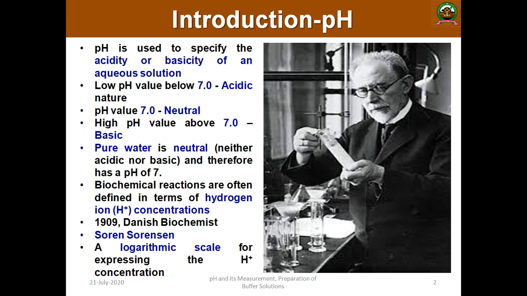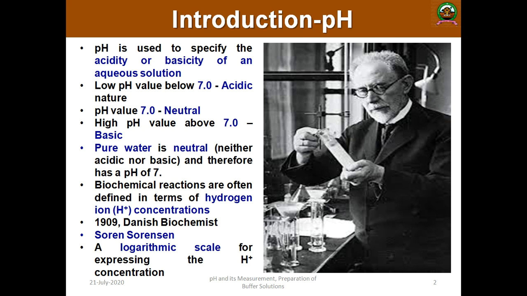In general, many studies have pointed out that hydrogen ion concentration is known as pH. But in 1909, a Dutch biochemist called Sorensen said that pH is the negative logarithm to the base 10 of hydrogen ion concentration.